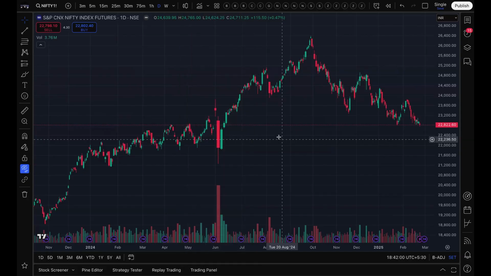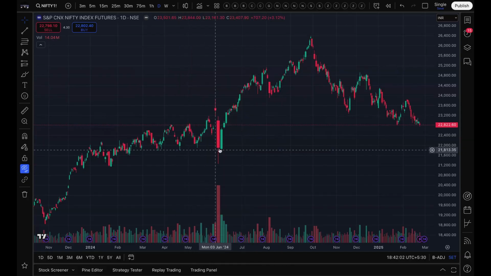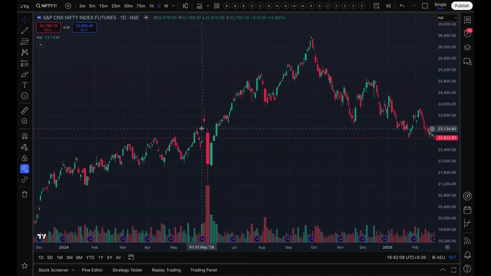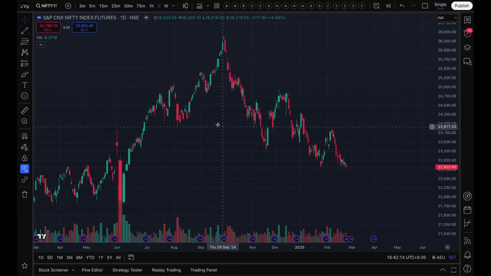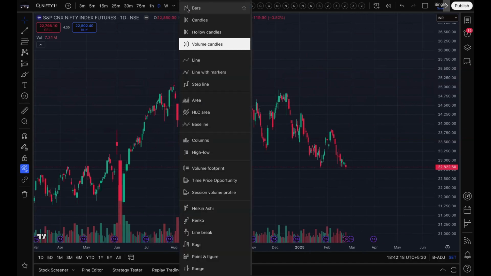this is more like a volume bar. The thickness of the bar shows you the amount of volume that has been traded. So this bar is thicker than some of the other bars, and on days where there's less trading, the bars will be thinner, and on days that have more trading compared to the average, the bars will be thicker.